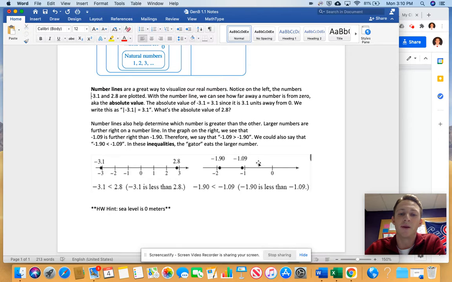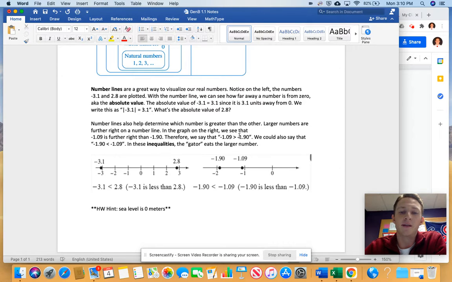But if we plot them on a number line, we can figure out which number is bigger than the other. So the number furthest to the right is going to be greater. So we would see that negative 1.09 is further right. Up here, we would say negative 1.09 is greater than negative 1.90.